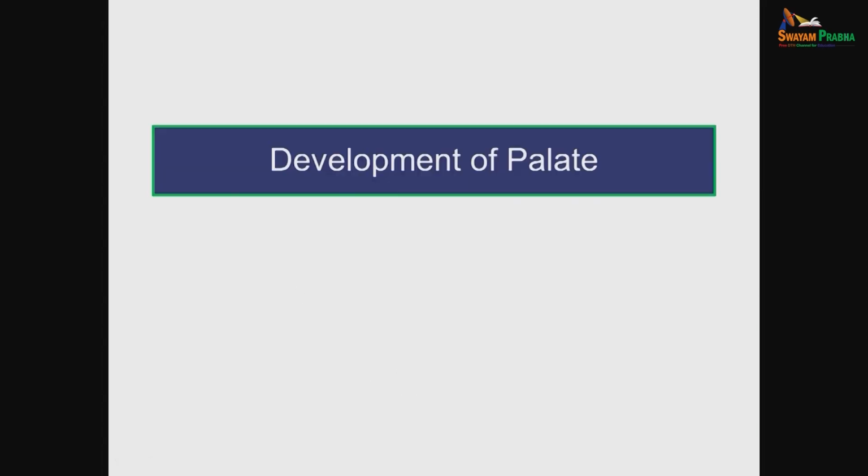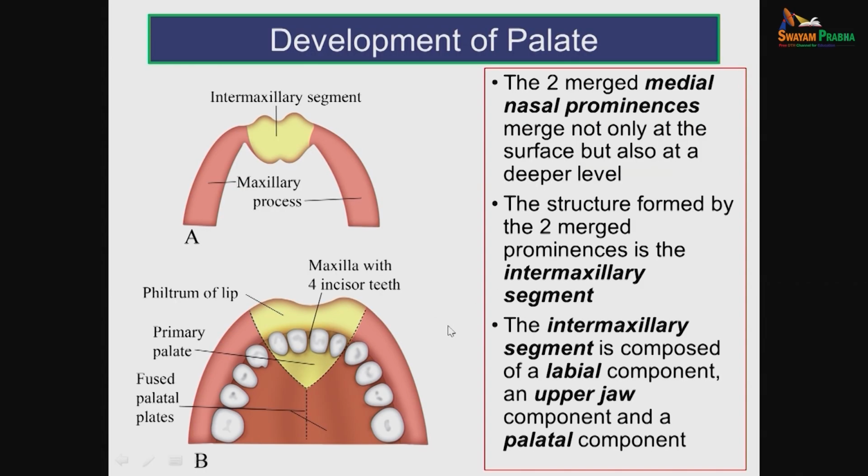Having understood the development of the face and the various congenital anomalies of the face, we will move into the development of the palate. So, we have already seen that the medial nasal processes or prominences merge.